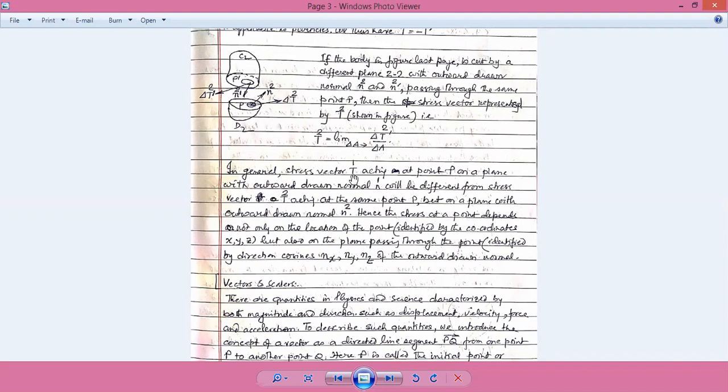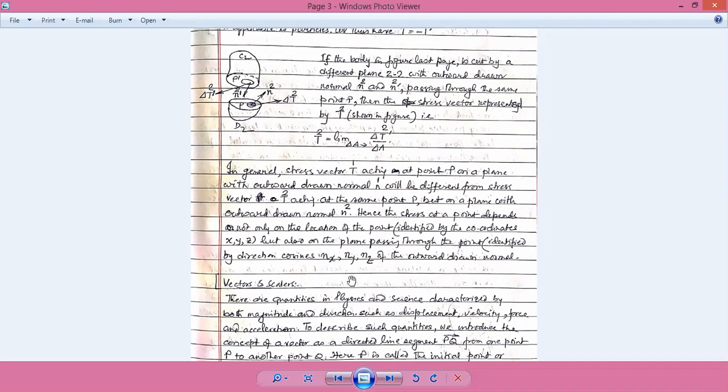The stress vector T1, which was acting on plane number 1 at point P with outer drawn normal N dash, will be different from stress vector T2, which is acting on the same point P but on a plane with a different normal. So we find here that the stress at a point depends not only on the location of the point itself, but also on the plane passing through the point. For any point, thousands or lakhs of planes can pass.